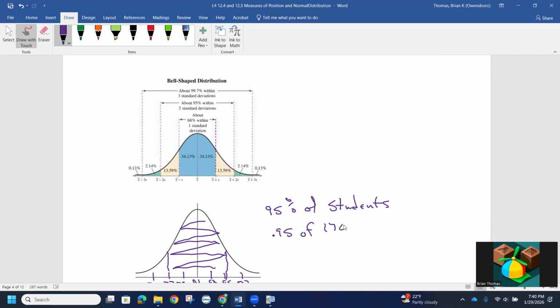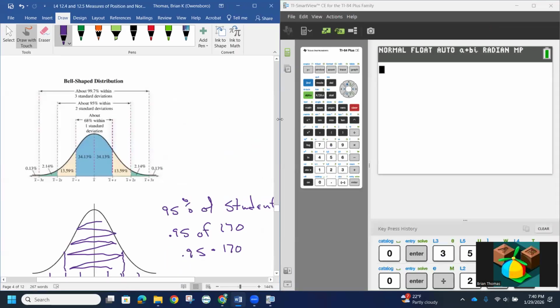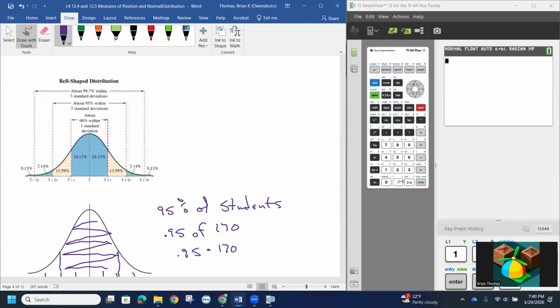So remember, that really just means 0.95 times 170 because the word of implies multiplication in our basic math here. So see if I can find my calculator. So if I do 0.95 times, oops, that's not a multiplication symbol, times 170, that should tell me how many students got those readings.